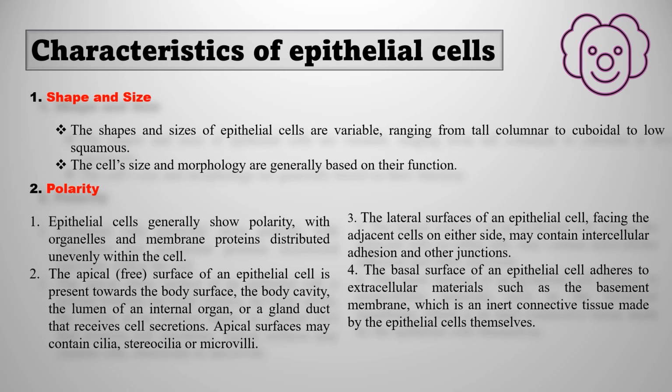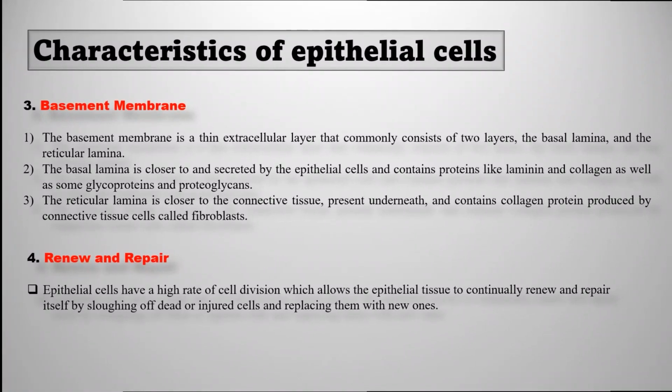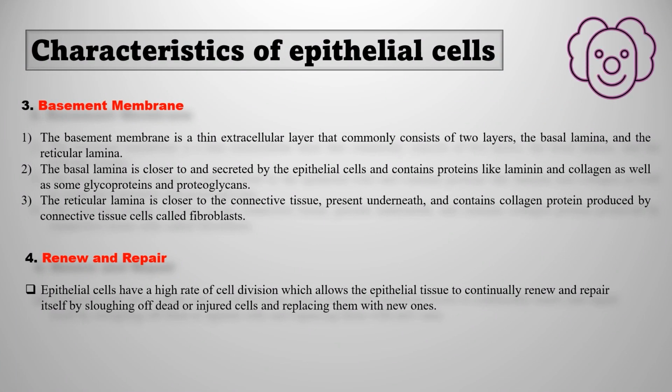Let us see the next slide. Continuing with the characteristics of the epithelial cells, the basement membrane is one of the most important characteristics of the epithelial cell. The basement membrane is a thin extracellular layer that commonly consists of two layers. Be careful here: the basal lamina and the reticular lamina.